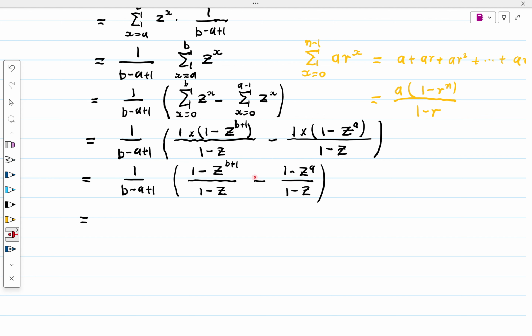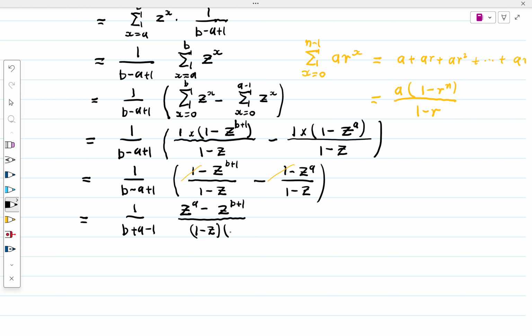And doing that, the minus 1 here will cancel with the positive 1 at the front, and a minus negative z to the a will give us a positive z to the a. So overall, we get 1 on b minus a plus 1 times (z to the a minus z to the b plus 1) all over 1 minus z.